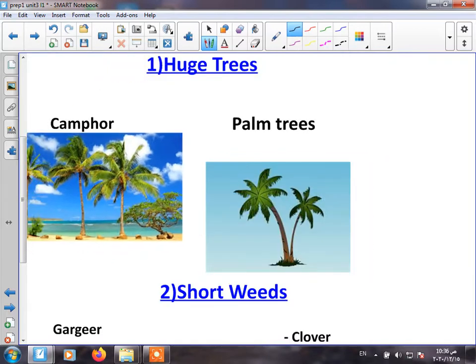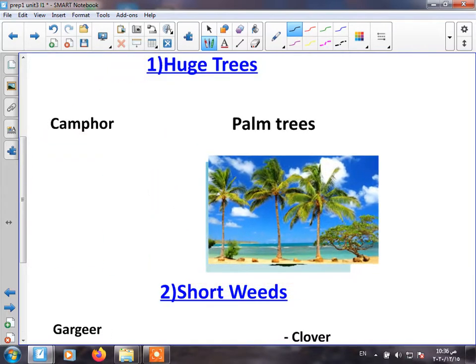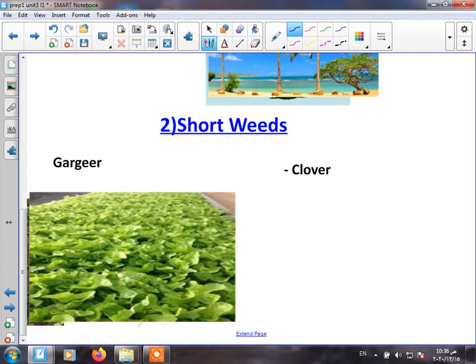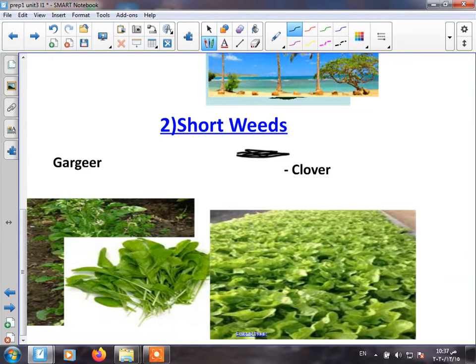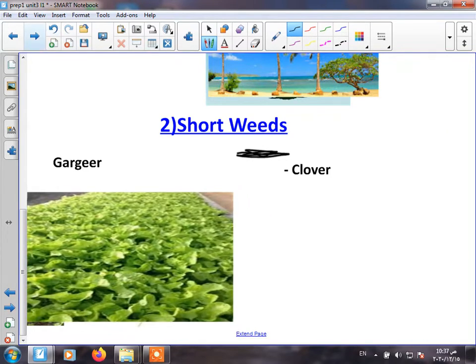If you can see this picture, camphor and palm trees are related to the huge trees. And number 2, short weeds, like gargir and clover. Okay?